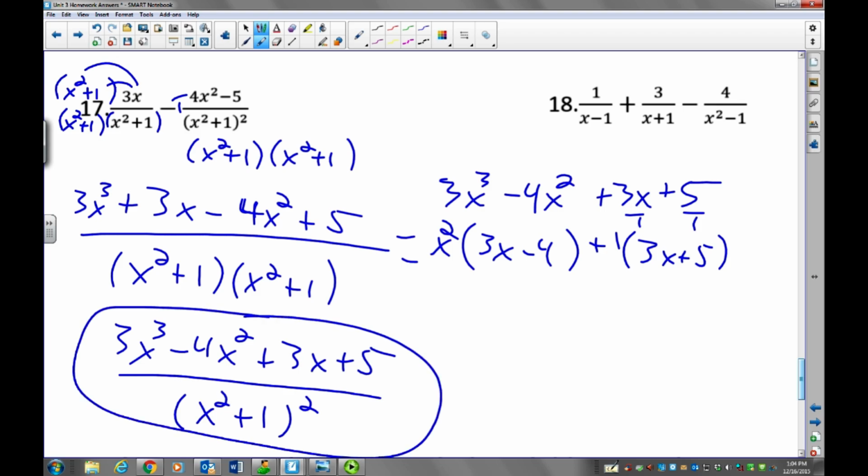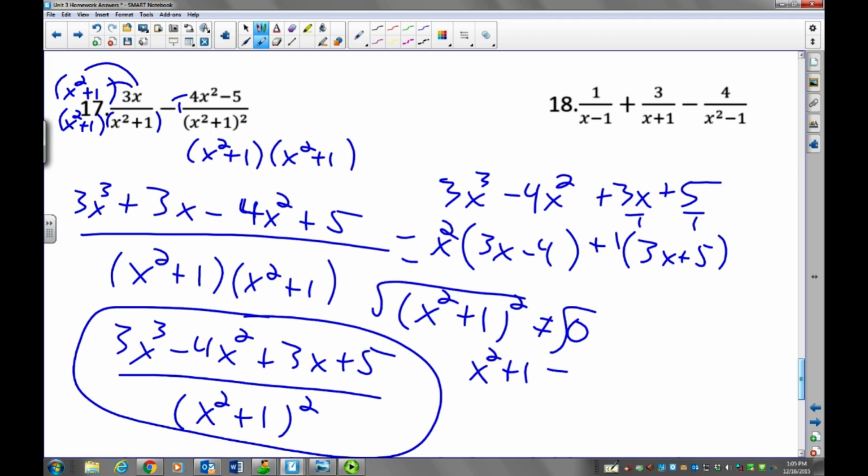Now the exclusion, you have to set the bottom not equal to 0. So x squared plus 1, you could even say all squared if you wanted to, not equal to 0. So I'd have to square root both sides. So we get x squared plus 1 is not equal to 0 still. And then minus 1 to the other side, so we get x squared can't equal a negative 1.